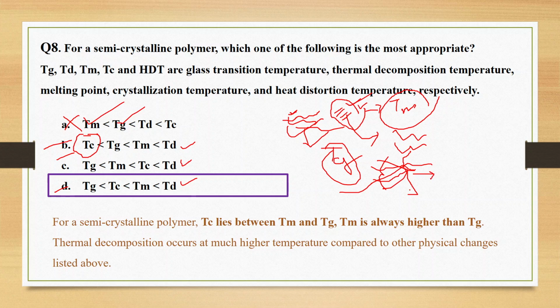If you give some amount of temperature and get some fluid texture, then only can it arrange certain parts of it into a crystalline domain. Not all of it, but certain parts can arrange themselves in a crystalline state. For that it requires mobility, right? It requires to flow. So obviously if the temperature is below Tg, your polymer is hard, like glass, with brittle behavior, right? So there is no option for you to crystallize it.